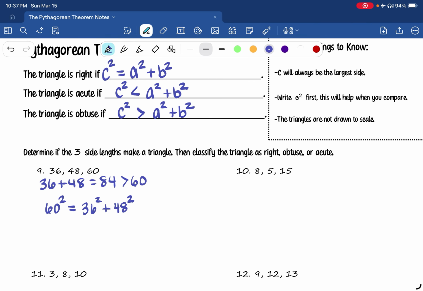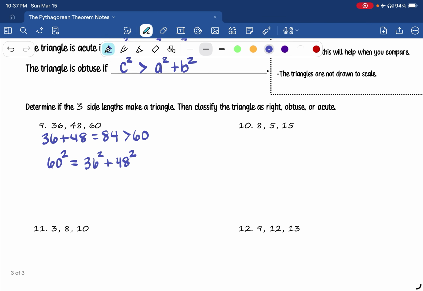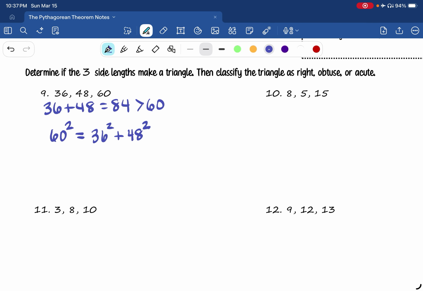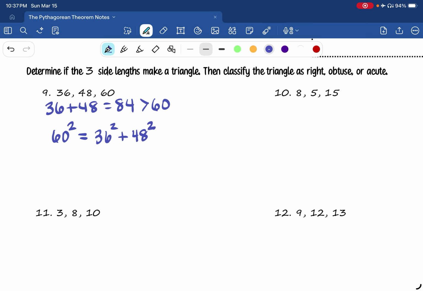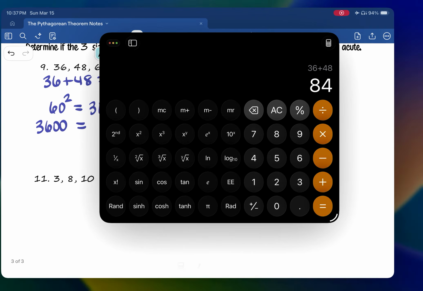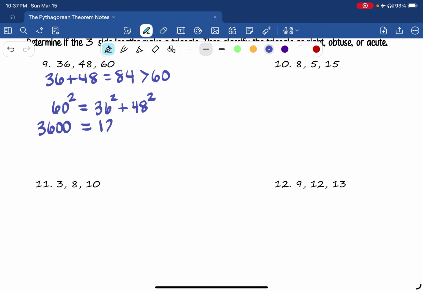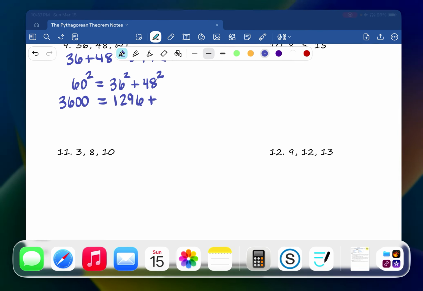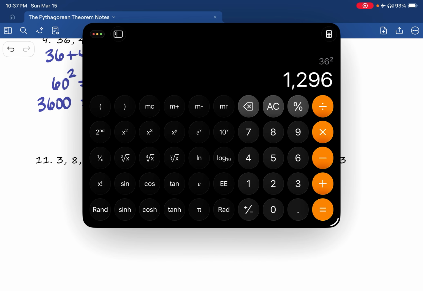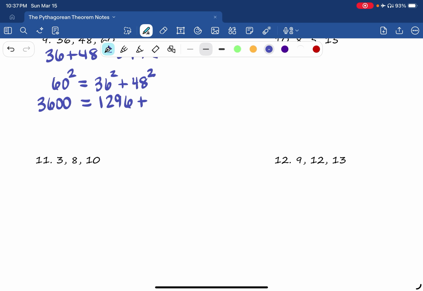Doesn't matter which one's a and b, but it's very important that you always get c correct. So now we're going to square these. 60 squared is 3,600 equals, and let's square that 36. So 36 squared is going to be 1,296 plus, and then we're going to do 48 squared, which is 2,304.